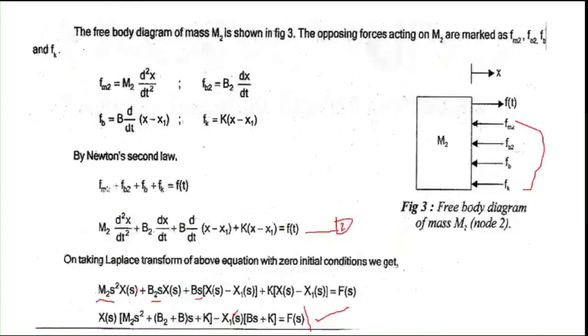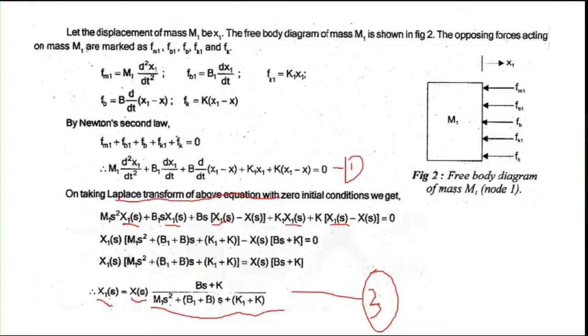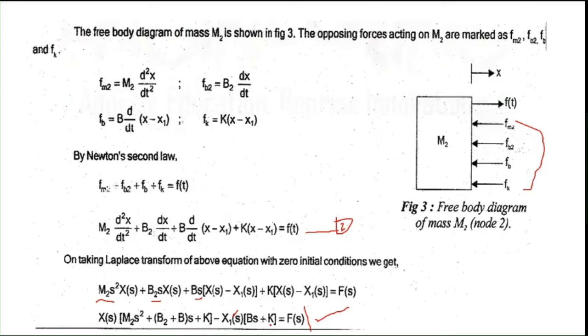Now x of s into m2s square plus b2 plus bs plus k, minus the second term, x of s into bs plus k divided by m1s square plus b1 plus b into s plus k1 plus k, and also here one bs plus k is there.